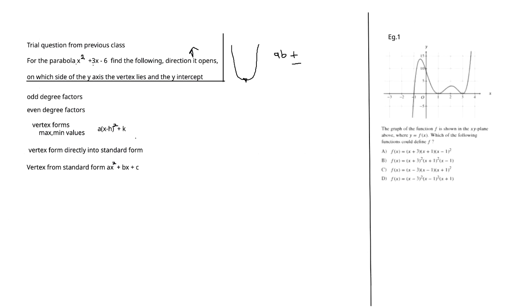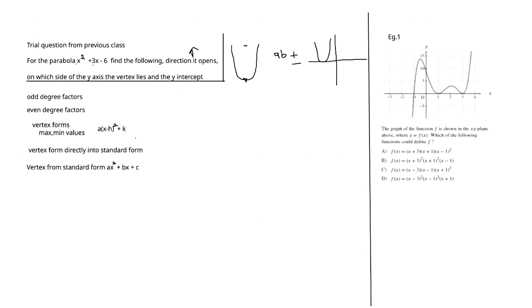And because of that, it means that this vertex will lie on the negative side of the y-axis. So if this is our y-axis, and let's say this is our x-axis, then our curve is going to lie like this on the negative side.